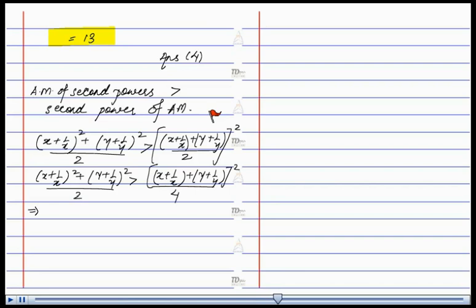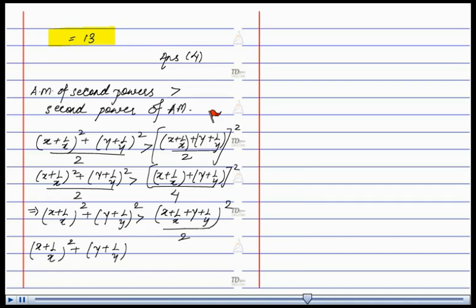This implies (x plus 1 by x) whole square plus (y plus 1 by y) whole square is greater than (x plus 1 by x plus y plus 1 by y) whole square divided by 2, which can also be written as (x plus 1 by x) whole square plus (y plus 1 by y) whole square is greater than (x plus x inverse plus y inverse) whole square by 2.